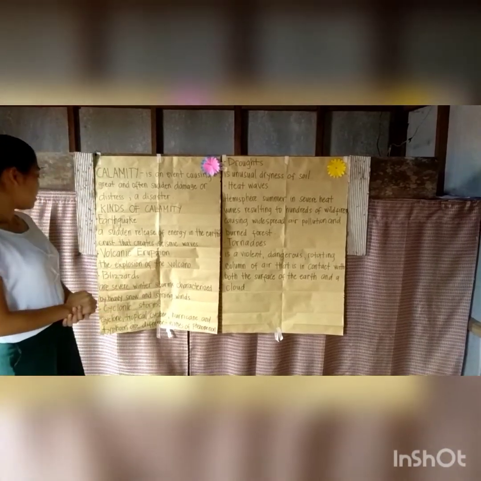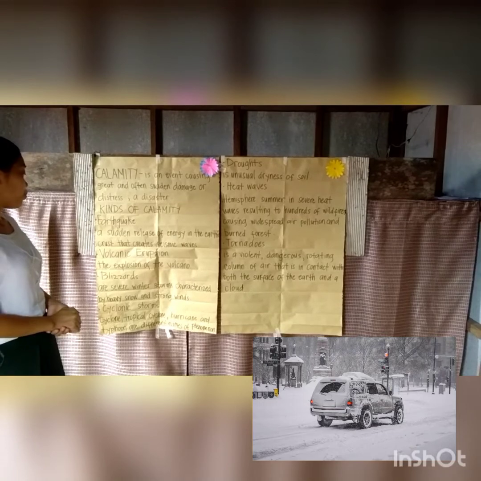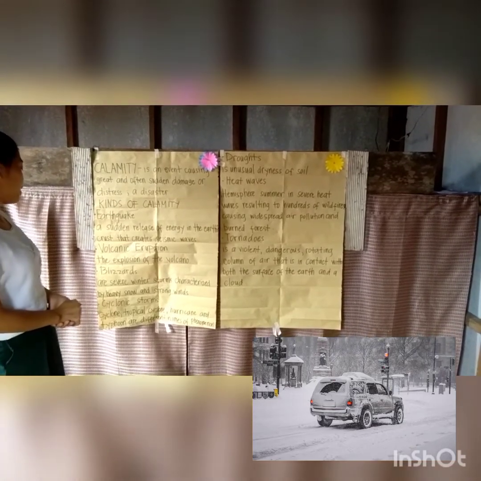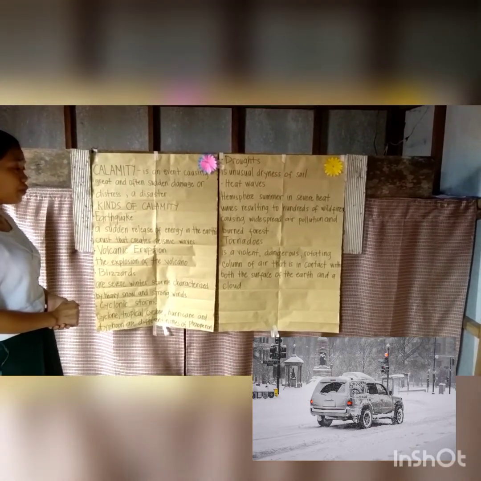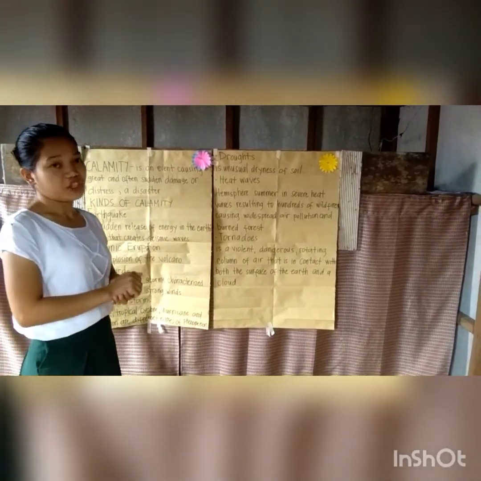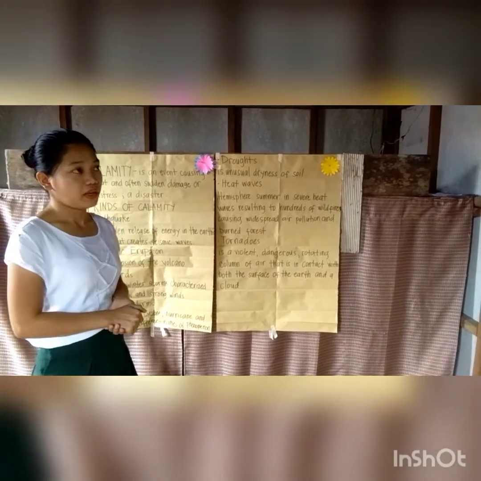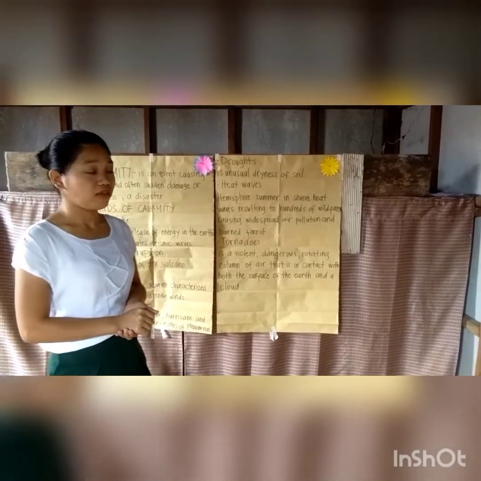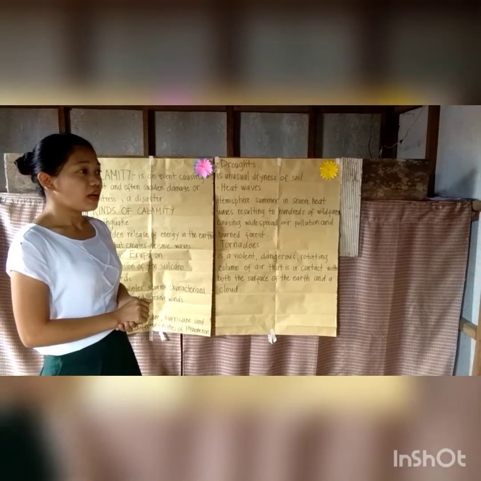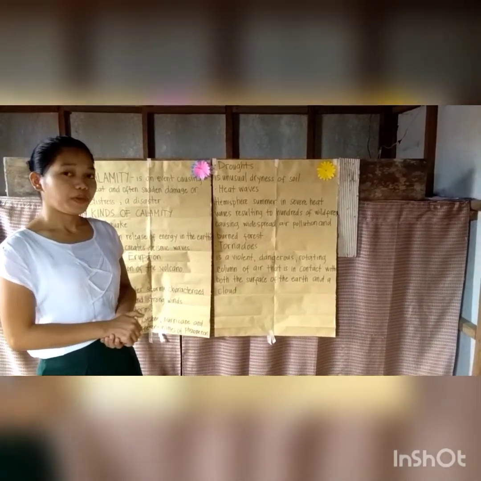Next, blizzards. Blizzards are severe winter storms characterized by heavy snow and strong winds. So they are winter storms. Here in the Philippines, we do not encounter those, but internationally, there are blizzards.